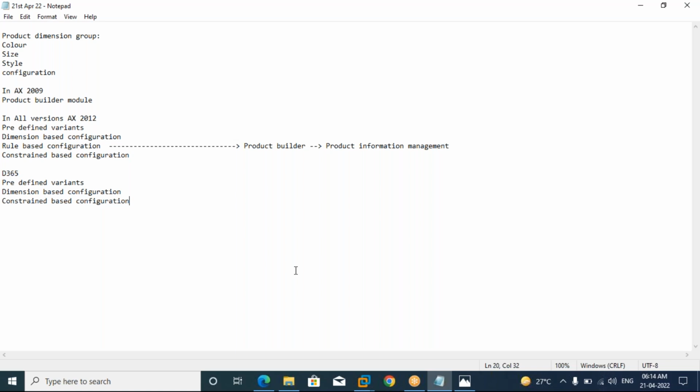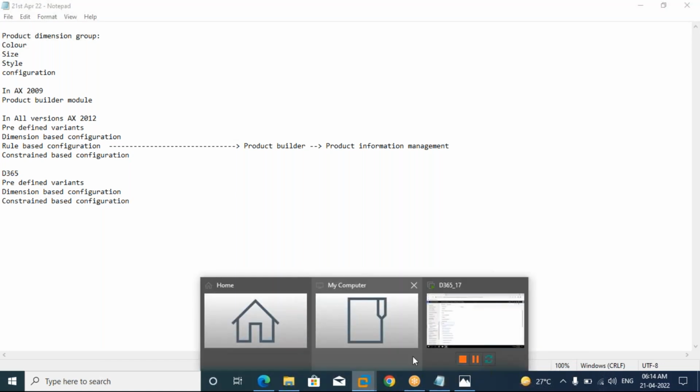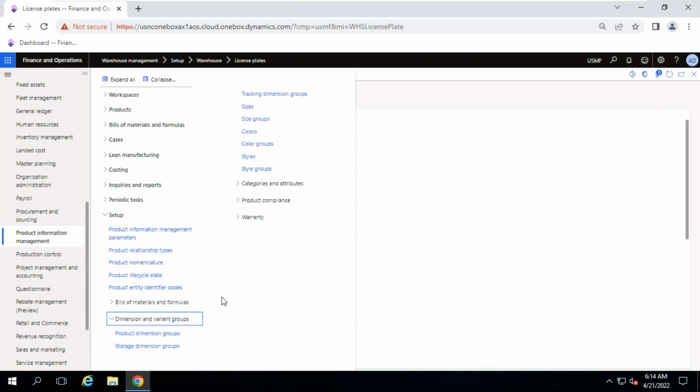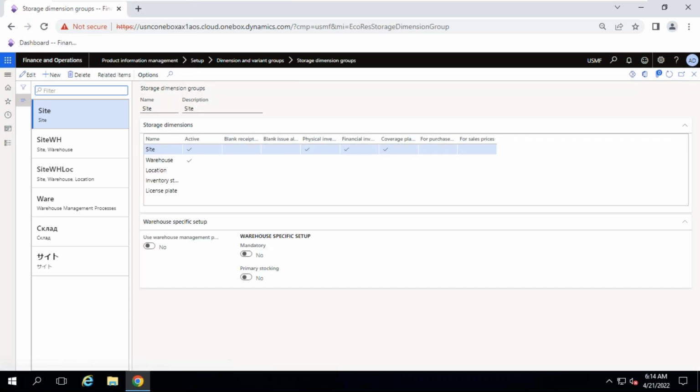So let me show you where it is available, what it is. The first one is storage dimension group: product information management, setup, dimensions and variants groups. Here you will find storage dimension group first.